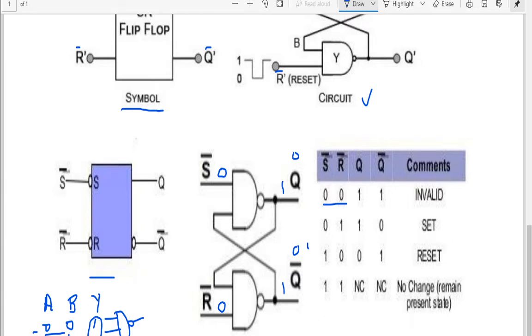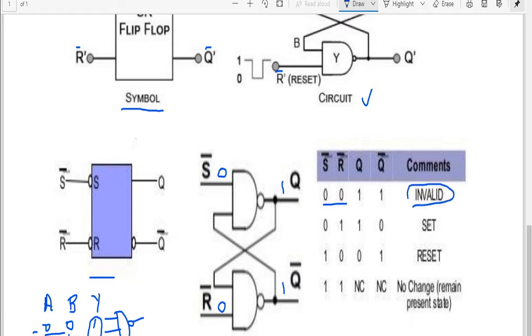But here, as both inputs to the upper and lower NAND gates, S bar and R bar, are 0 0, the outputs of both NAND gates are going to be high. So in this case, this is an invalid condition.